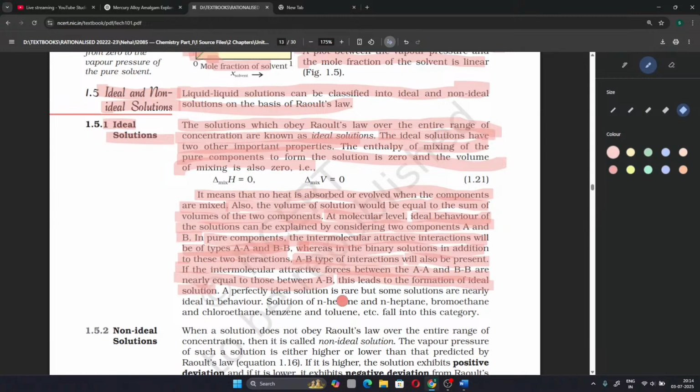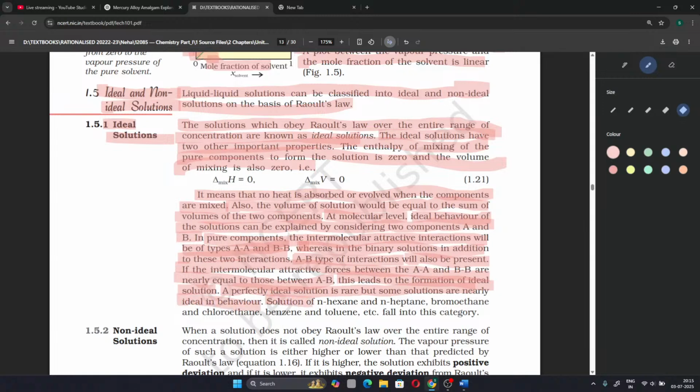When the individual components' molecular interactions are equal to the different components' molecular interactions, then we call that solution an ideal solution. A perfectly ideal solution is rare, but some solutions are nearly ideal in behavior.